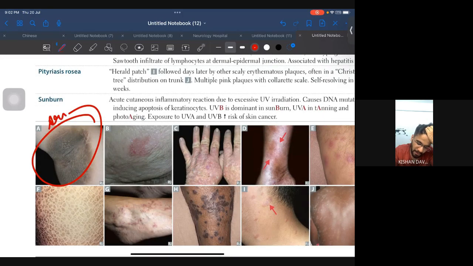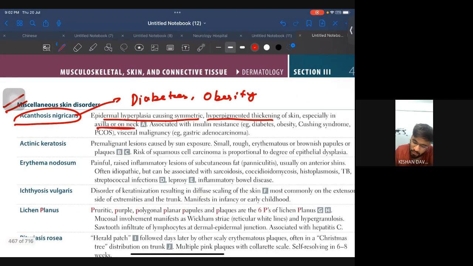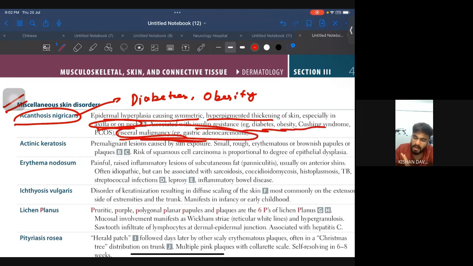This is the armpit part, but most commonly they will give you the neck. Okay, so let's just see what is given here. Epidermal hyperplasia causing symmetric hyperpigmented thickening of skin, especially in axilla or on neck, associated with insulin resistant diabetes, obesity, Cushing syndrome, visceral malignancy. Okay, so diabetes, obesity most commonly, the neck will become completely dark. That is what acanthosis nigricans is.